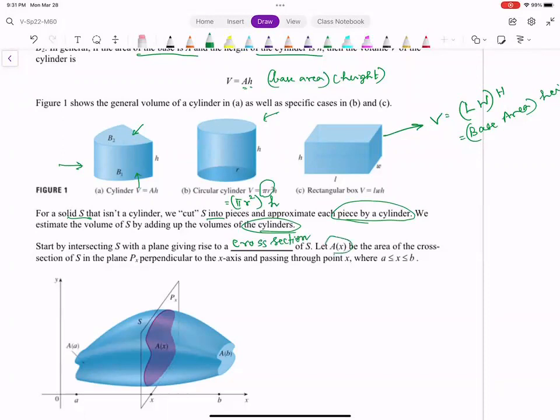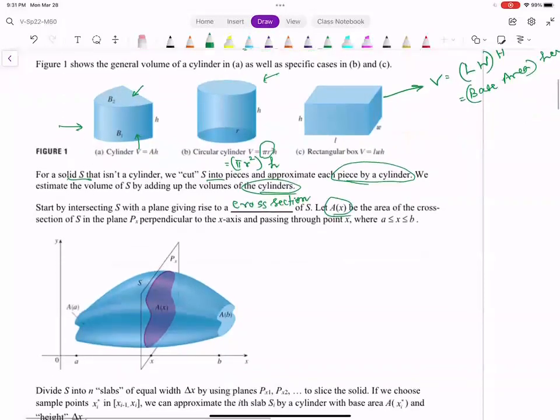Let A of x be the area of the cross section of S. So look at this picture. This is the solid. Now we are at x, taking a cross section, and the cross section is like a cylinder, right? So the base area is A of x, and the height is the thickness of the cylinder. A of x is the area of the cross section in the plane P of x, perpendicular to the x-axis and passing through the point x, where x lies between a and b.